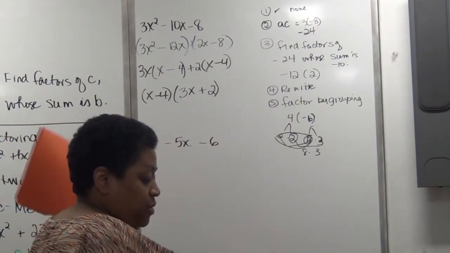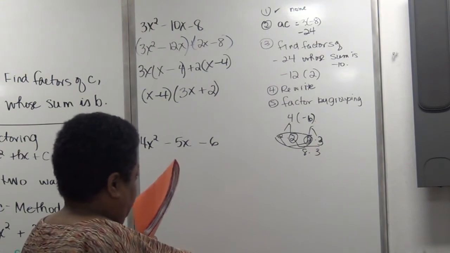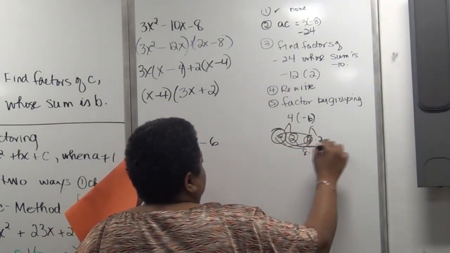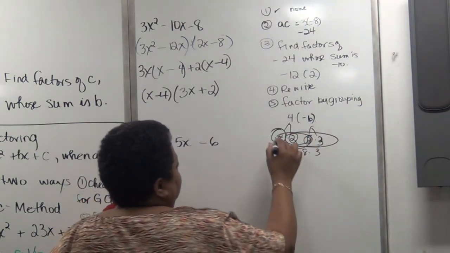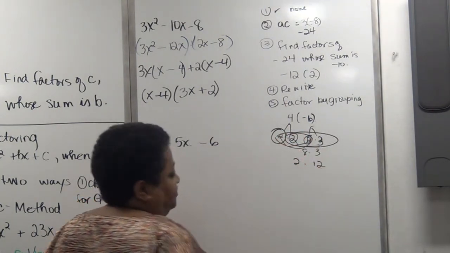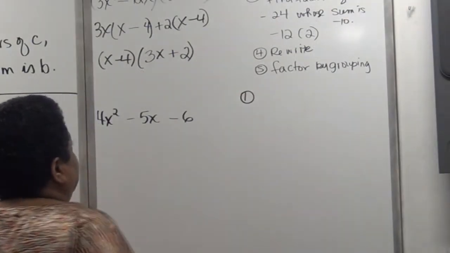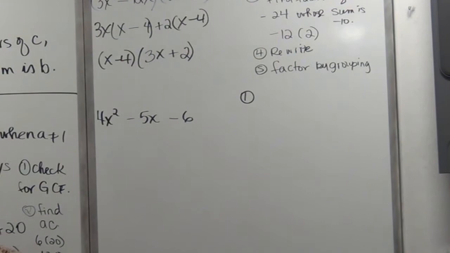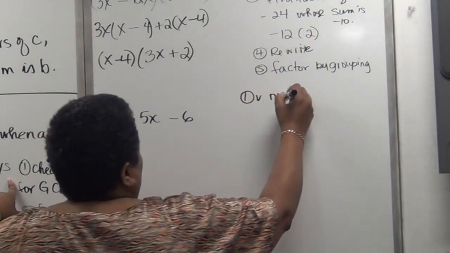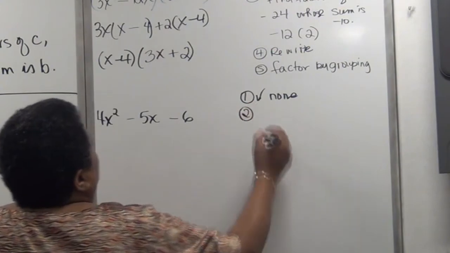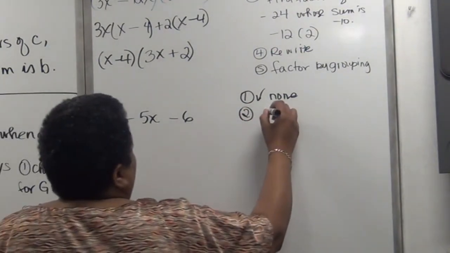And then you could also do this and all 3 of those, which will give you 2 and 12. You gotta find AC.